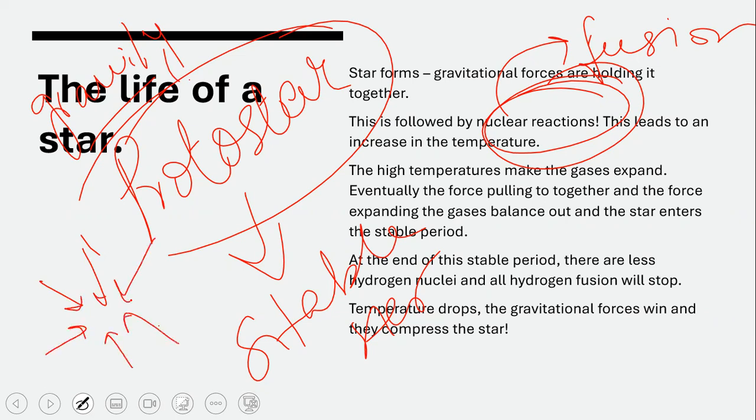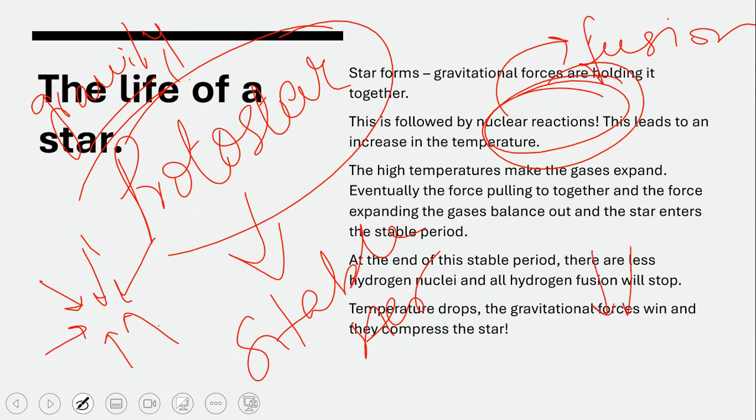That is why the cloud of dust collapsed, because the gravitational forces were pulling all the gas particles towards the center. This will increase the pressure, and as a result, nuclear fusion will begin. When nuclear fusion starts, huge amounts of heat energy will be released.